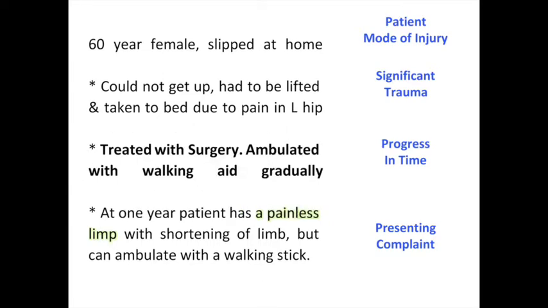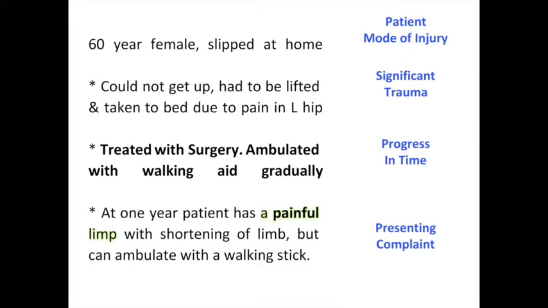Now the same patient, if he got treatment with surgery and started ambulating with a walking aid, gradually left his walking aid, and comes to you at the end of 1 year with a painless limb with shortening of the limb and can walk around with a walker or a walking stick. So this is another scenario where treatment has been taken, however the patient has a painless limp.